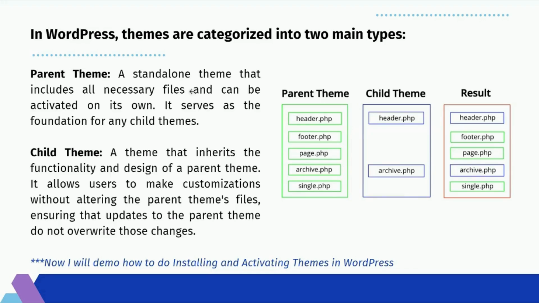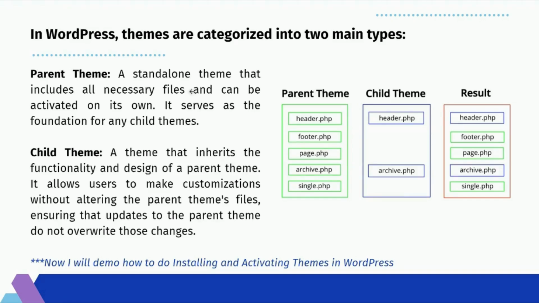A child theme inherits the functionality and design of a parent theme. It allows users to make customizations without altering the parent theme files, ensuring that updates to the parent theme do not override those changes. So a child theme is a customized theme derived from the parent theme.